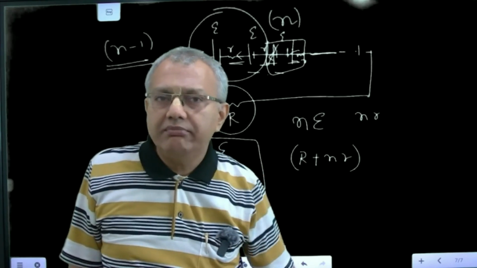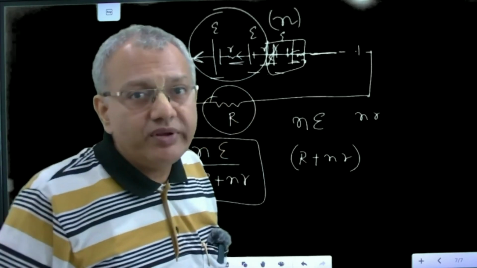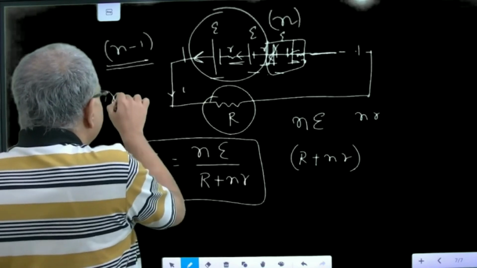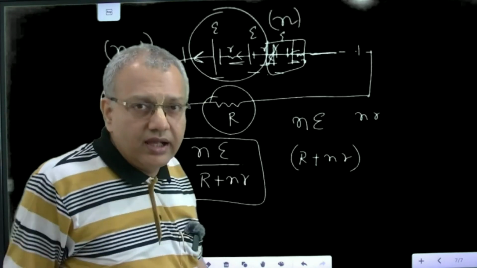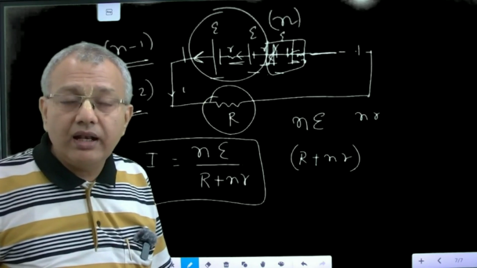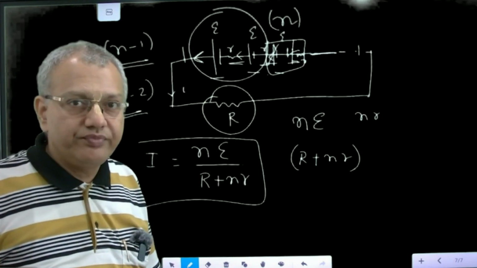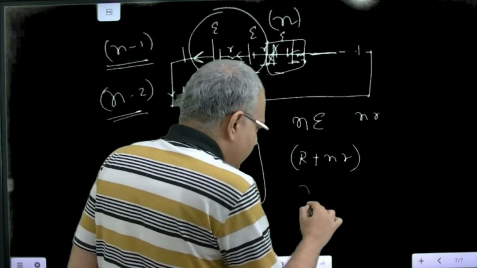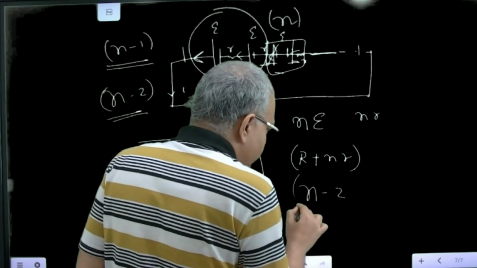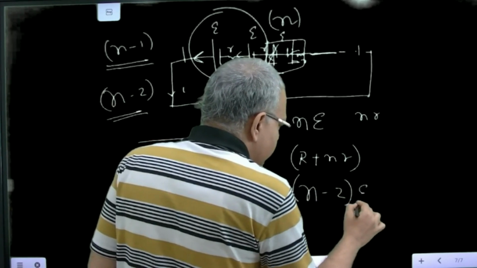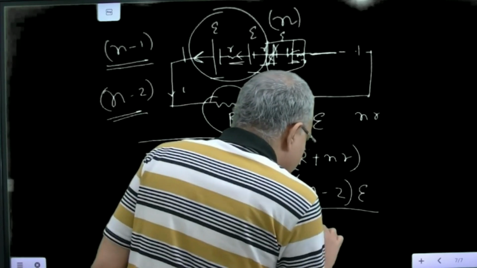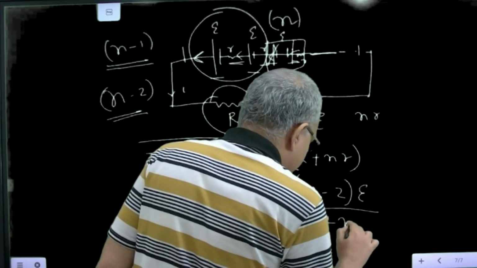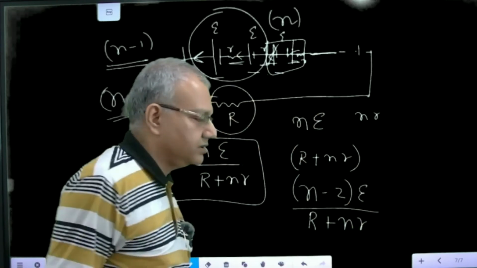So the total number of effective cells is n minus 2. So the total EMF is (n minus 2) into E, divided by R plus nr.